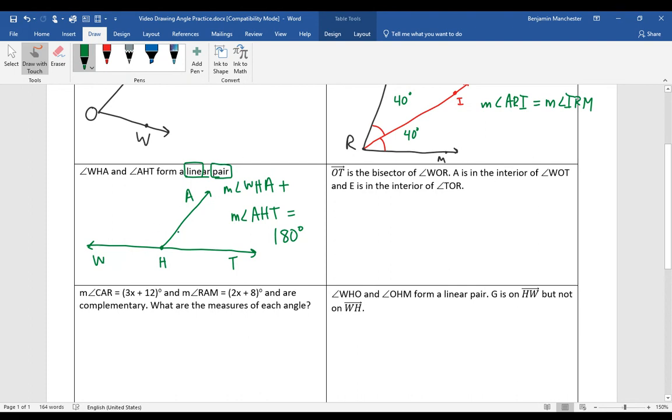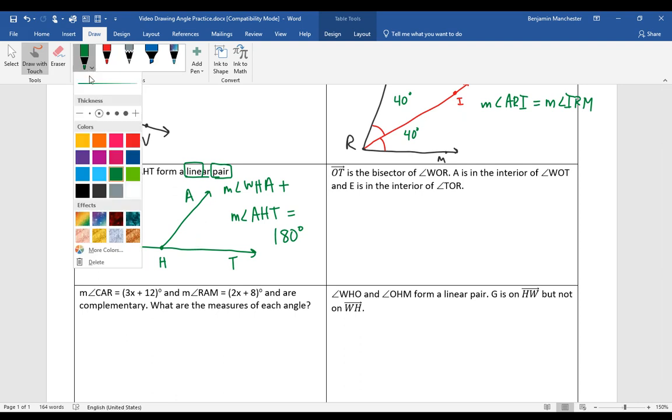So this side of the angle plus that side of the angle adds up to 180. That's the relationship in a linear pair: two angles that add up to 180. Lines are straight. This is 180 degrees, flat open.